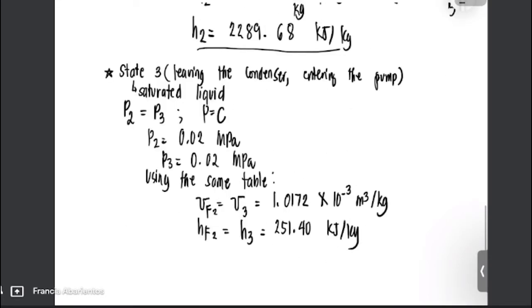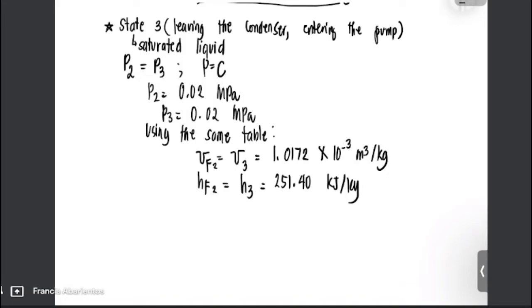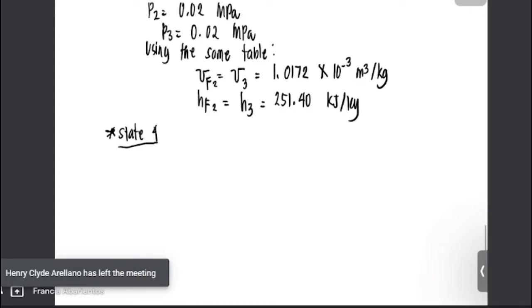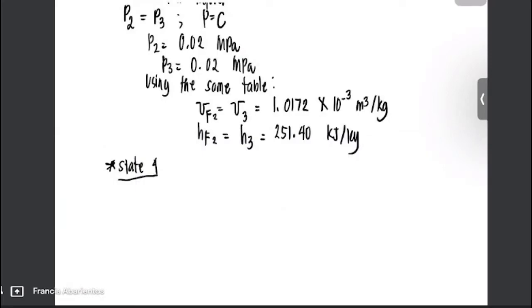So we now proceed in solving the state 4, class. In state 4, we don't actually use the steam table but prefer to use the energy or the approximate work of the pump. Para makuha natin si H4 natin, we make use of the work of the pump.